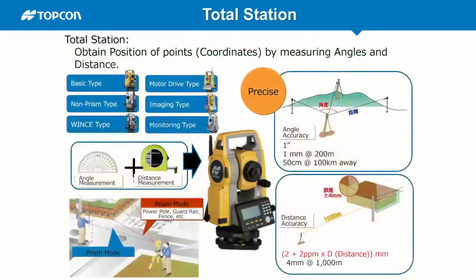Eventually we merged the EDM together with the theodolite, and it became the total station instrument. By using the total station, we are able to measure angles and distance at one time. It can do angle measurement and distance measurement, and the accuracy can achieve up to 1 millimeter at 200 meters. This is very precise for any site.